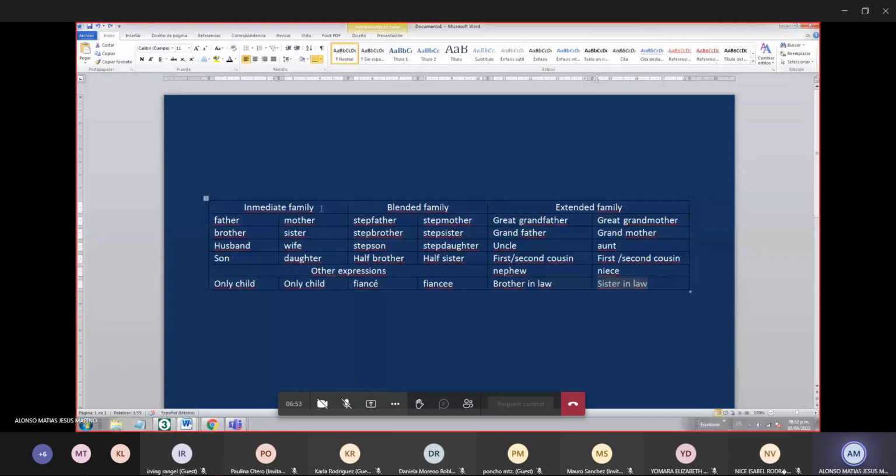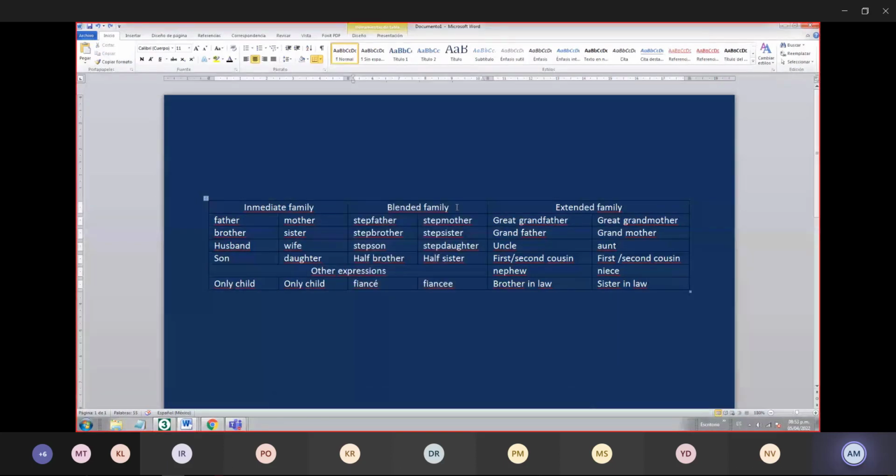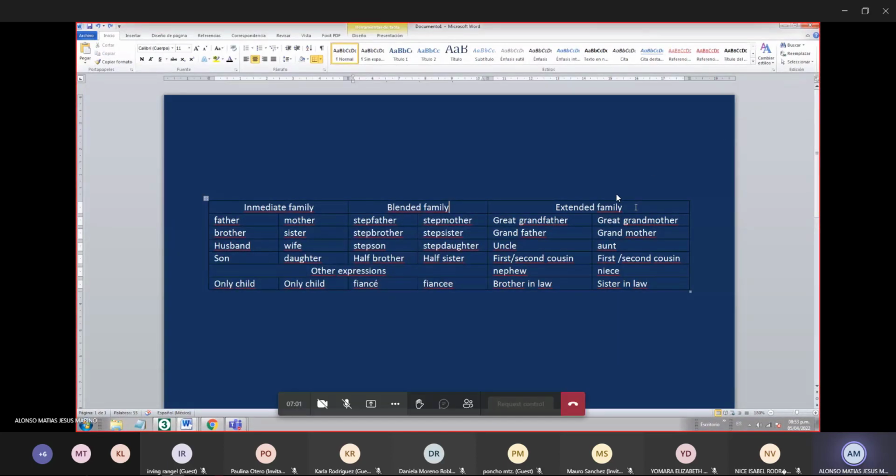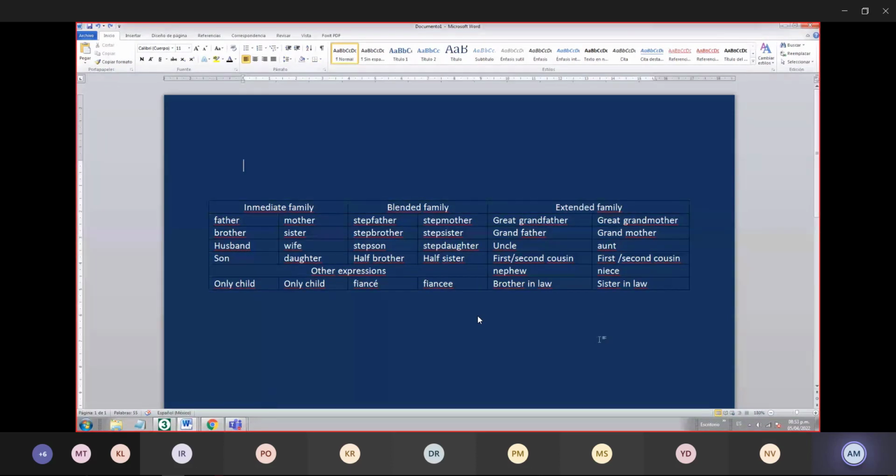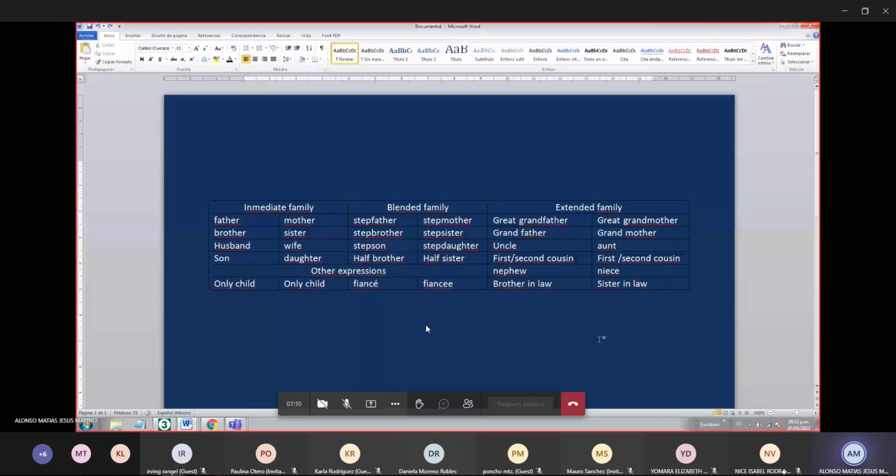So we have something called the immediate family, something called the blended family, and we have also the extended family. Did you notice the difference? Could you see the difference? Yes. Okay, thank you very much.